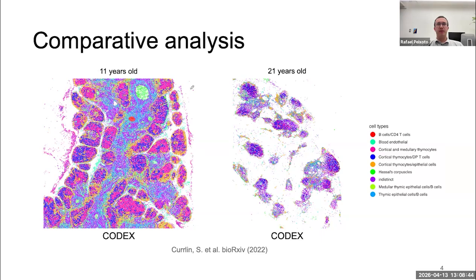And we can see that these are both healthy humans, but in later years in life, so the first one is 11 years old, the second one is 21 years old, you start to lose some of the cells in the tissue. And it's important to compare these two conditions, not only to understand what's happening here and here, but also to understand what the differences between these two conditions are, because maybe the cell type organization that's preserved is relevant for a later stage in life.